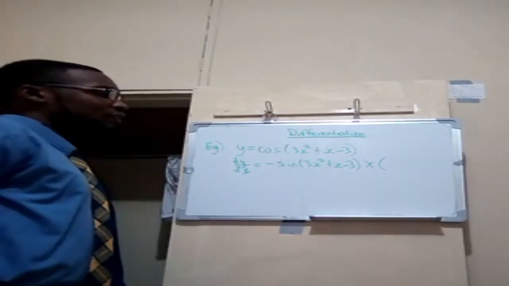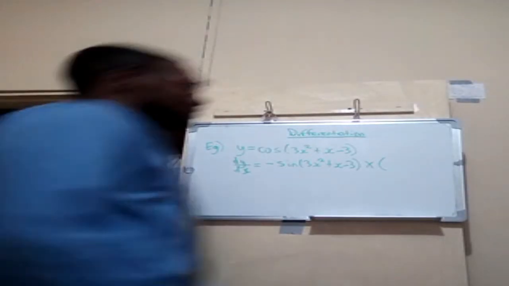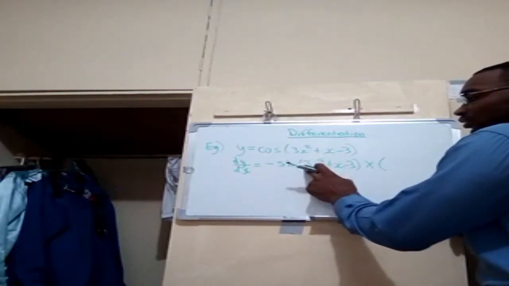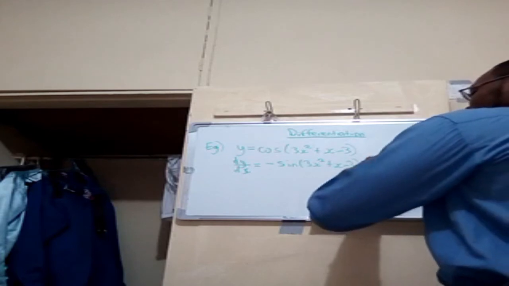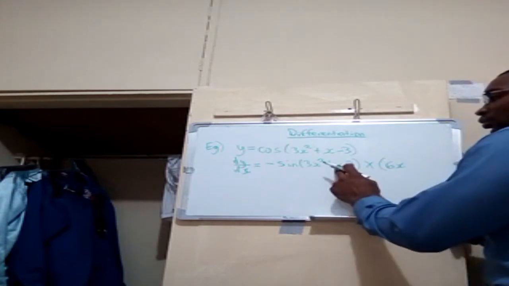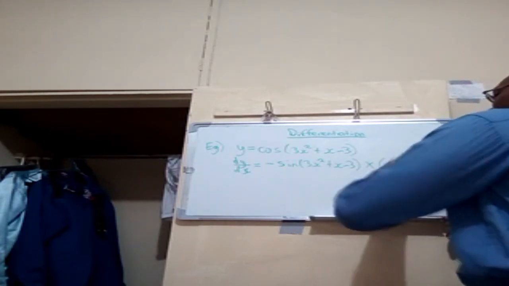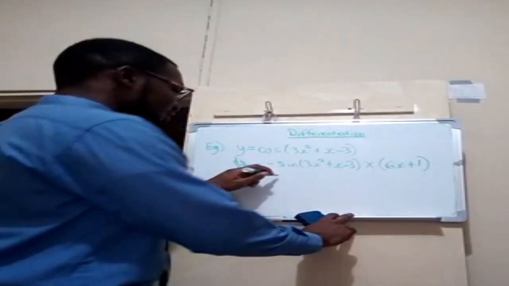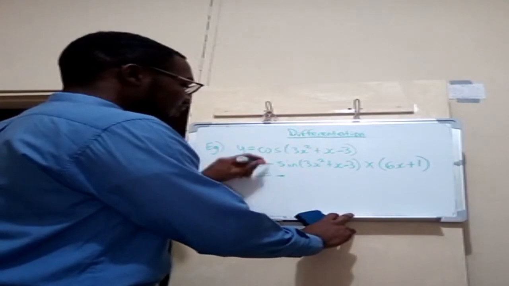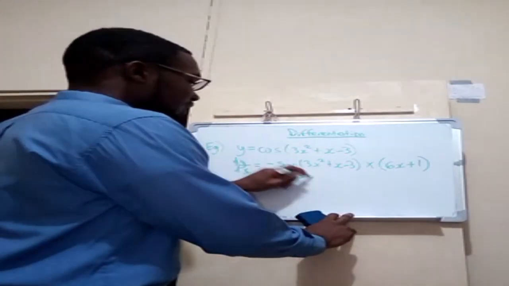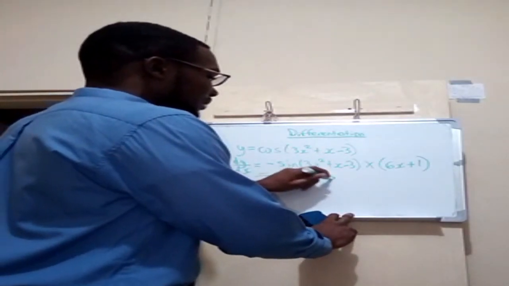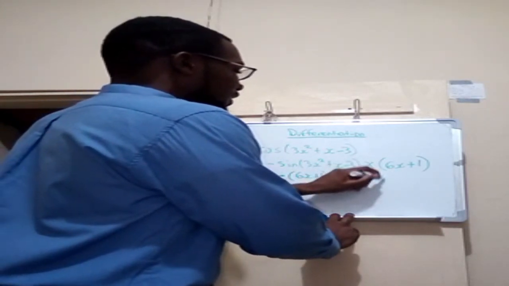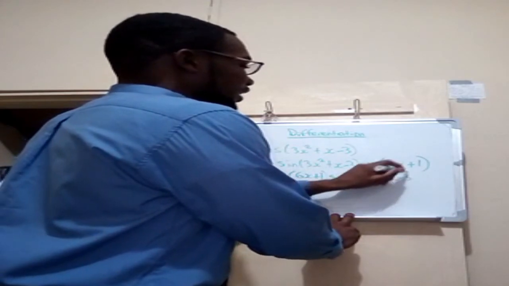Now the derivative of 3x squared plus x minus 3 is, when we differentiate 3x squared, we bring down the power, 2 times 3 is 6, so we get 6x. We differentiate x, we get 1. And so this works out to be minus, keeping the minus sign, minus of 6x plus 1 times the sine of 3x squared plus x minus 3.